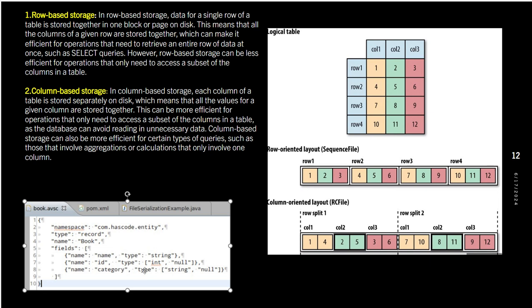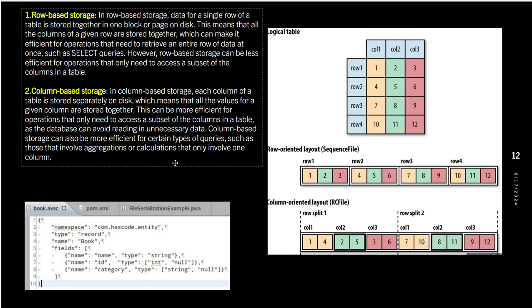This is the column name, and this is the column type or data type, which is a string, and it can also handle null. So this is the speciality of Avro: it separates the schema and gives a copy. Anytime anyone wants to update or modify the schema, simply this .avsc file needs to be updated, and accordingly the schema will be modified.